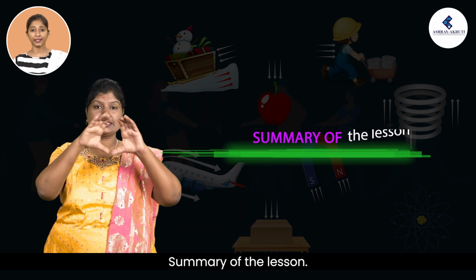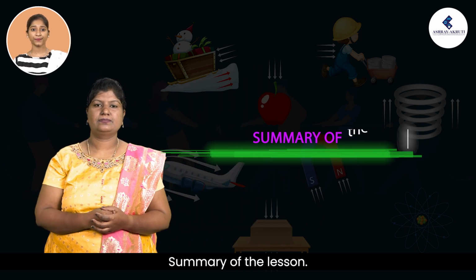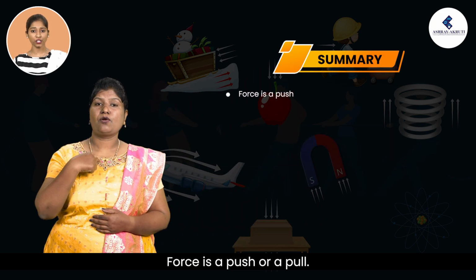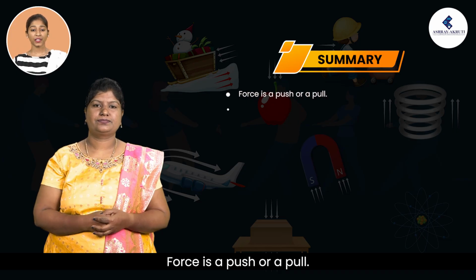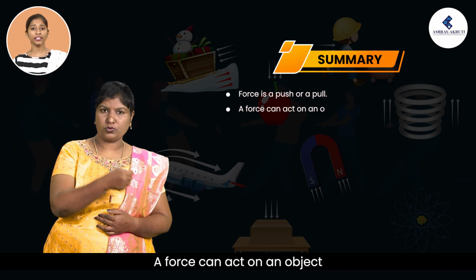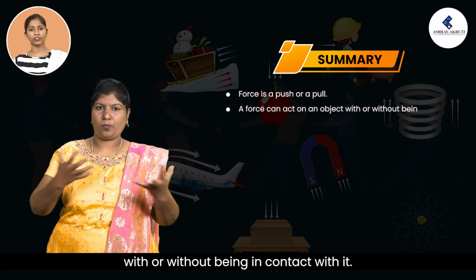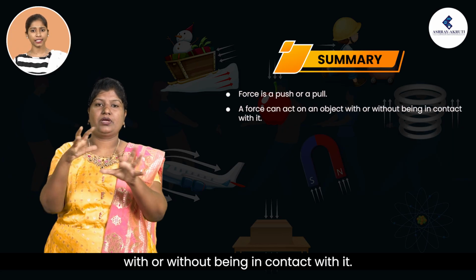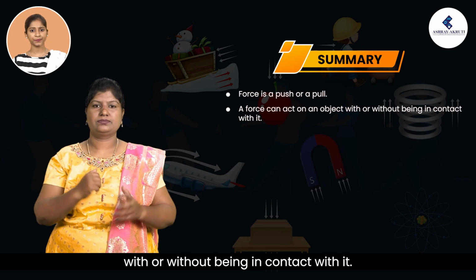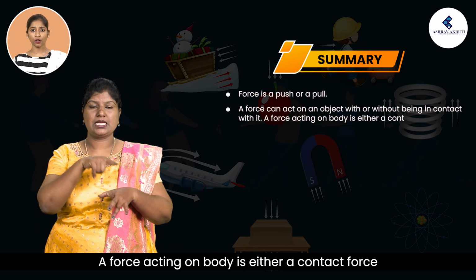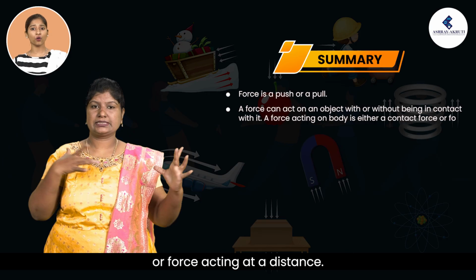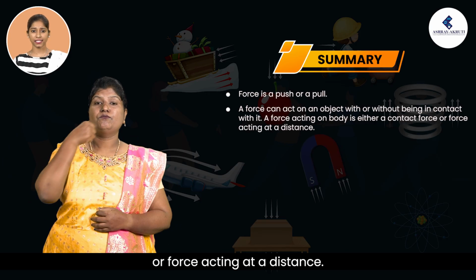Summary of the lesson. Force is a push or a pull. A force can act on an object with or without being in contact with it. A force acting on a body is either a contact force or a force acting at a distance.